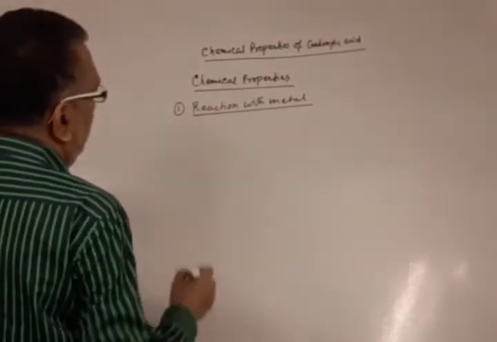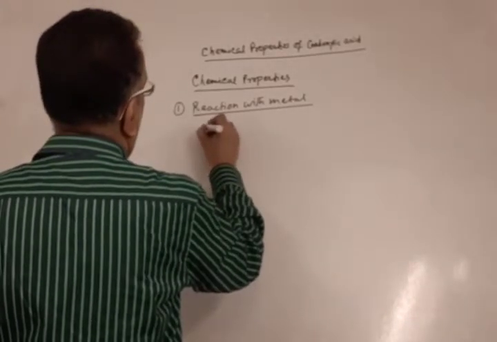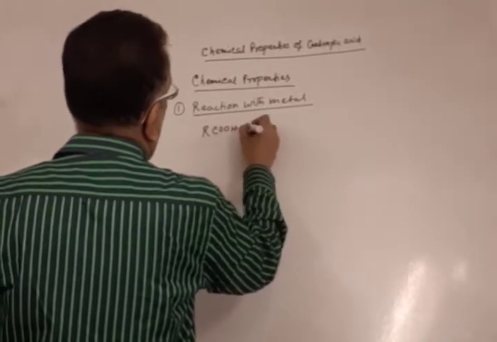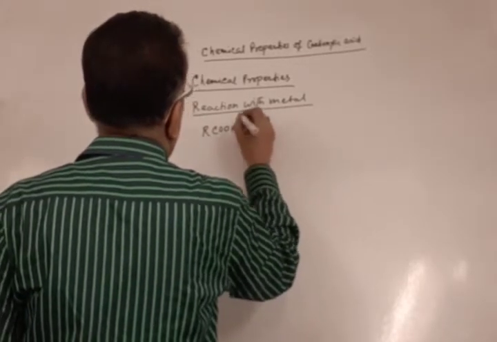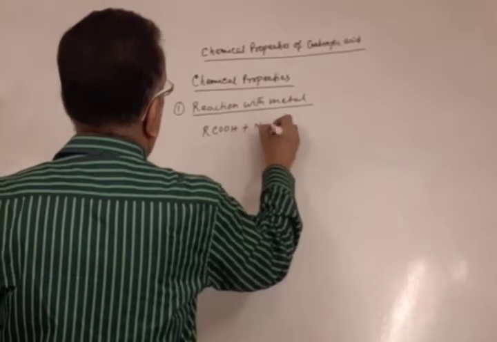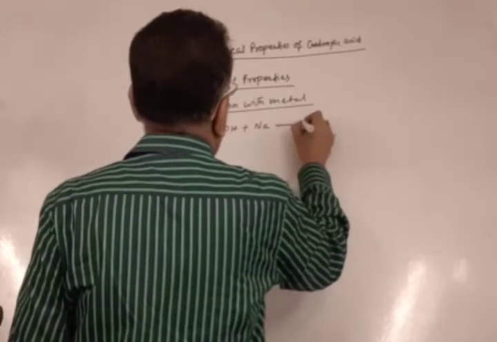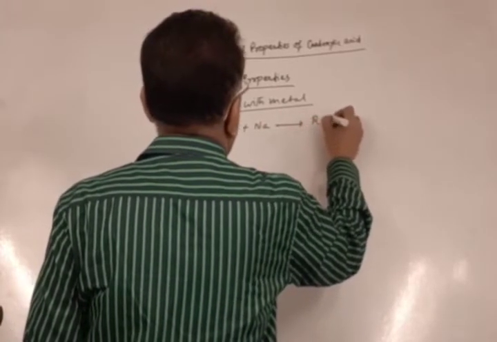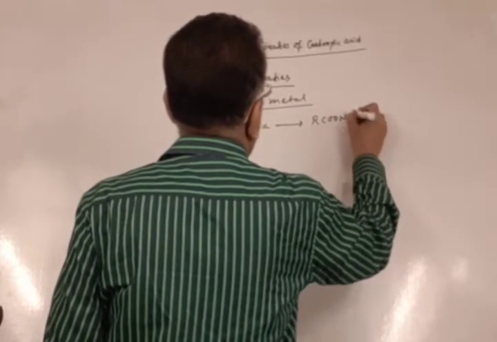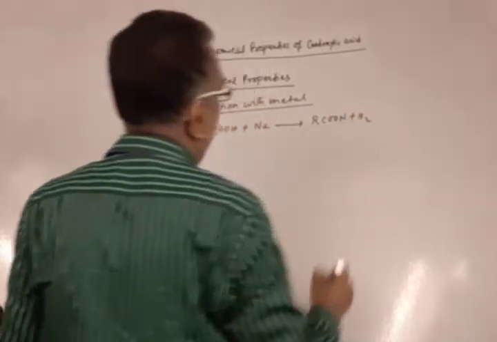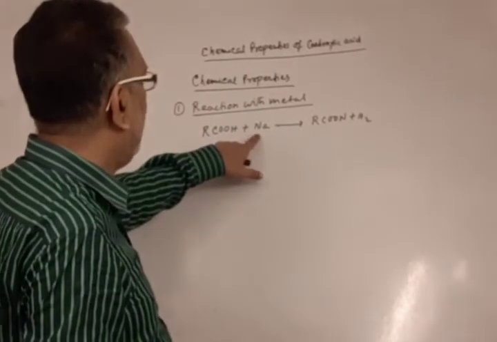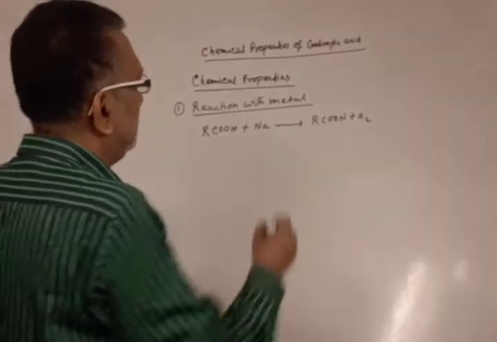Here we see the reaction of carboxylic acid RCOOH plus Na. This gives us RCOONa plus H2. Hydrogen gas is formed. As usual in the reaction of acid and metal, hydrogen gas is formed.